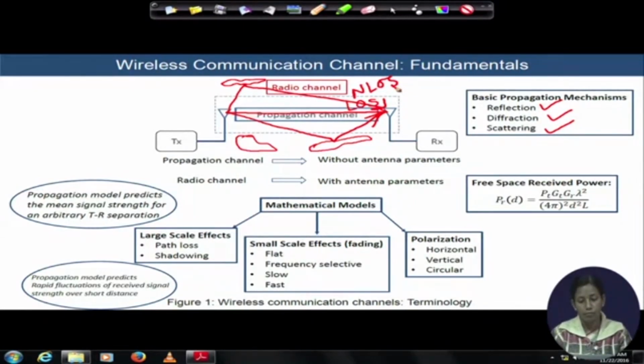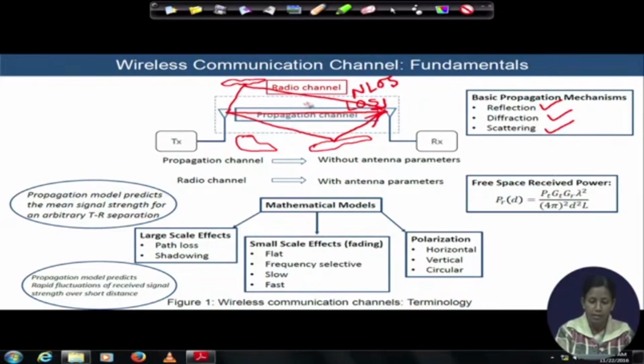And remember, for all these paths to exist in practice, the time associated with each and every path for the signal to traverse from the transmitter to the receiver is not the same.